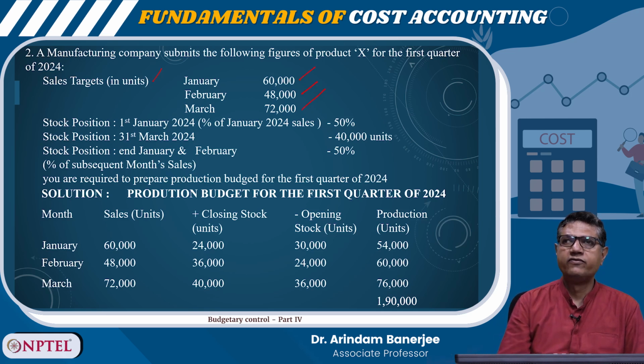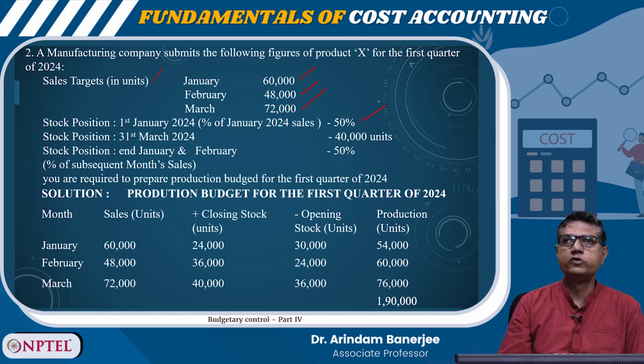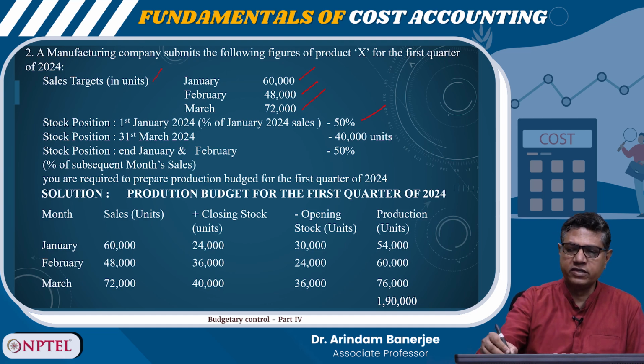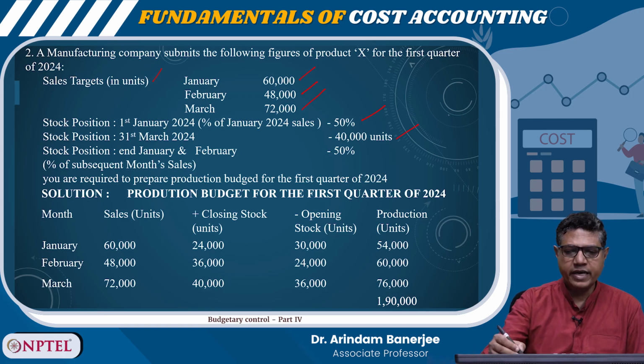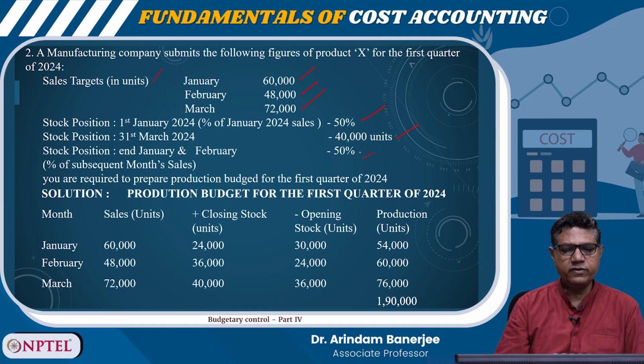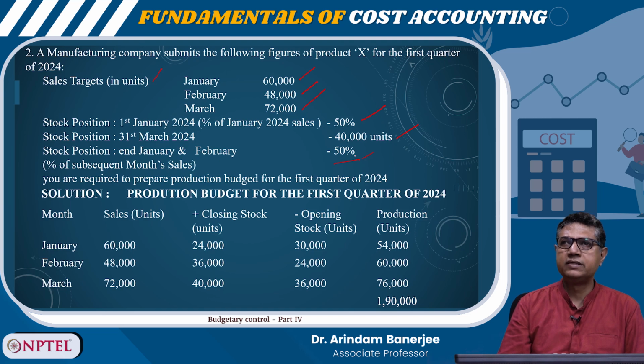Stock position on 1st January 2024 is 50% of January 2024 sales. Stock position on 31st March 2024 is 40,000 units. Stock position in January and February is again 50% of the subsequent month's sales.